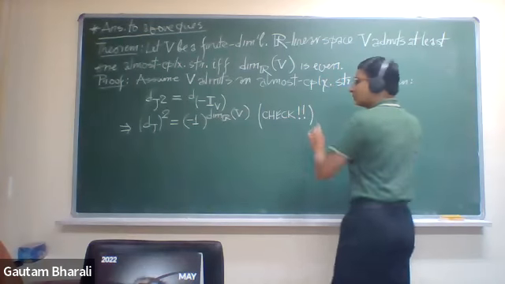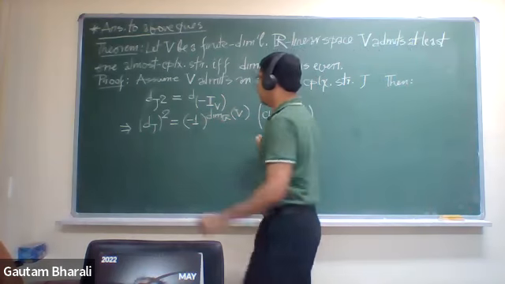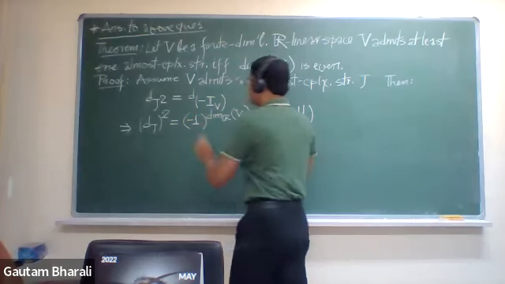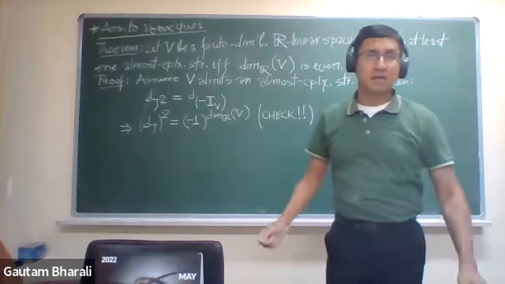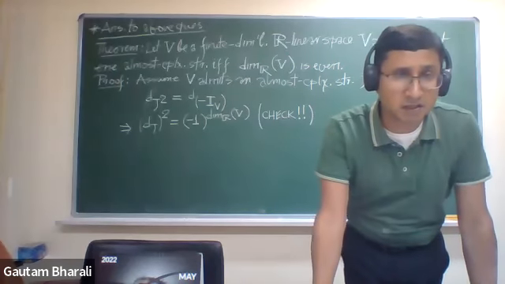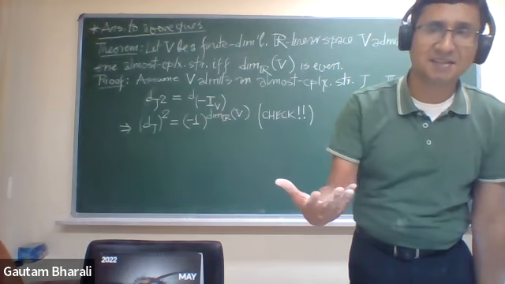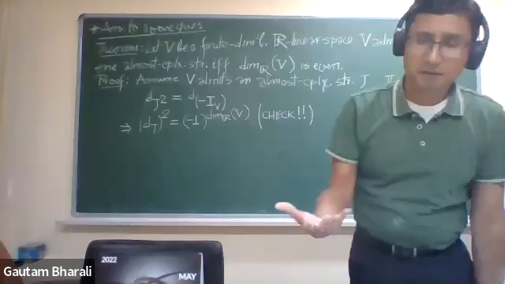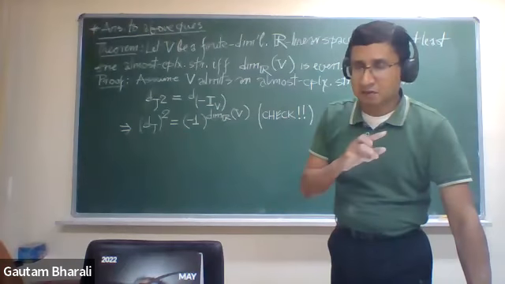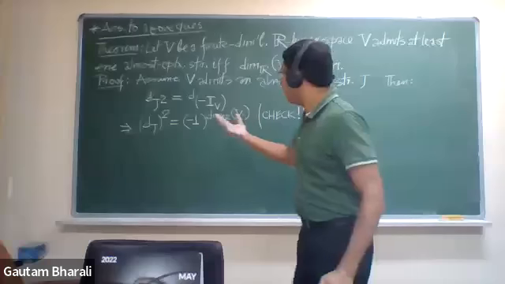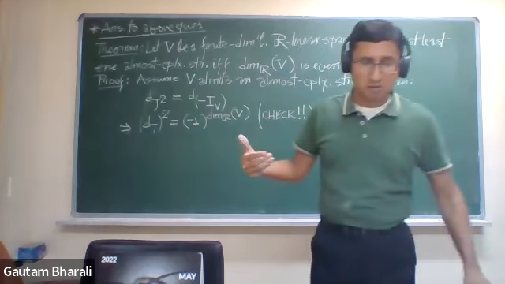So you see, we know that given this linear transformation, d_T, this linear transformation is minus the identity. d_T is uniquely determined by it. And then there is this identity, right? So you should be able to see this d_(minus I_V) popping out.